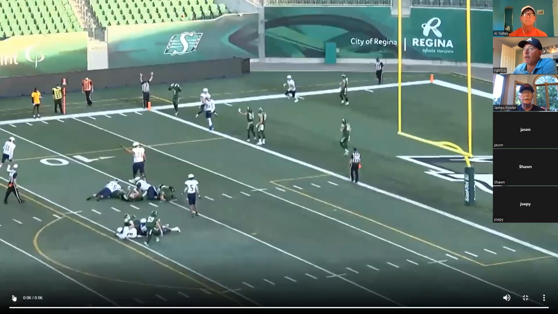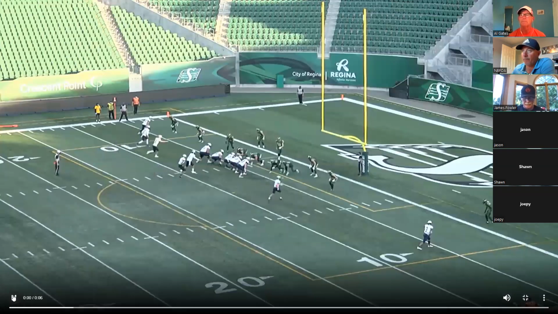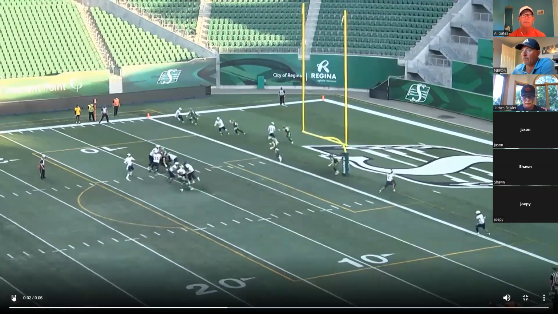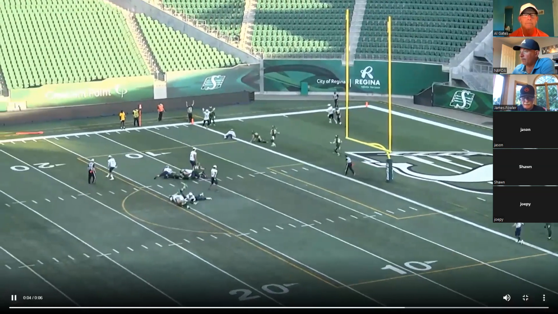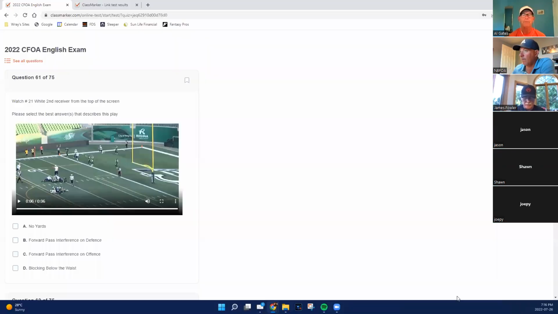All right, so now that we know that about the ball, what do we have on this play? Illegal contact. And our options are: no yards, forward pass interference on the defense, forward pass interference on the offense, and blocking below the waist.